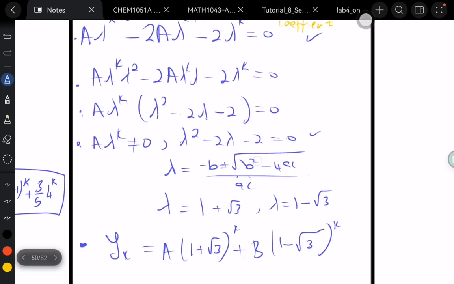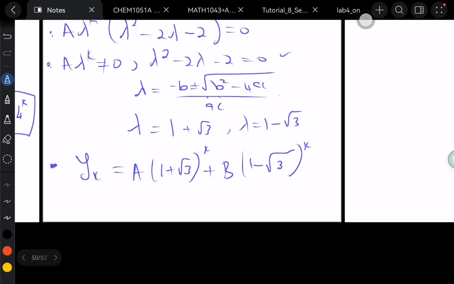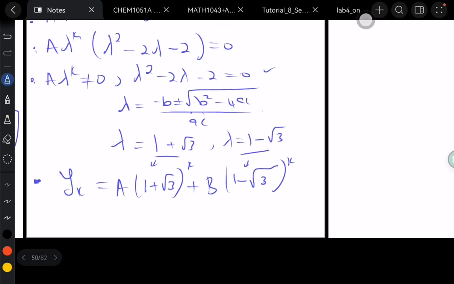Remember that these are the values that we found. So now this is the equation.